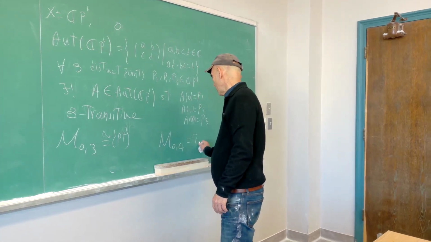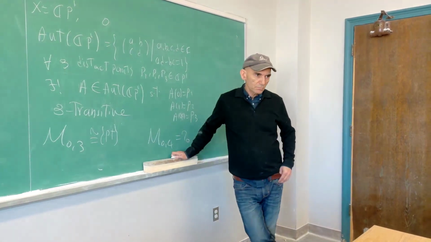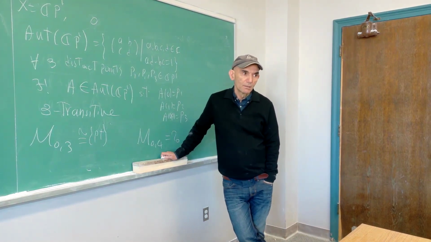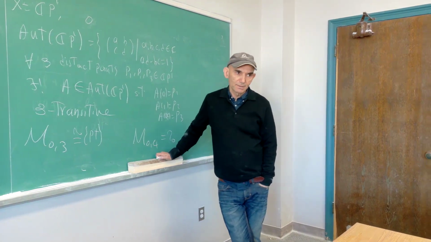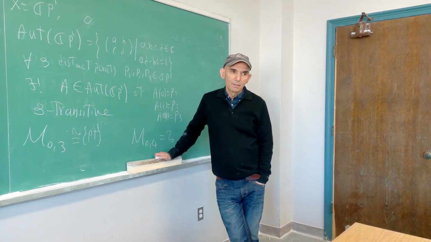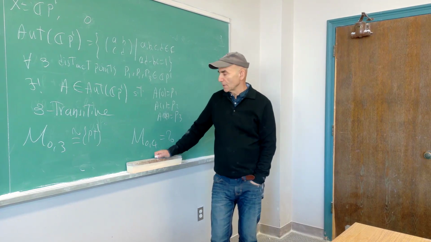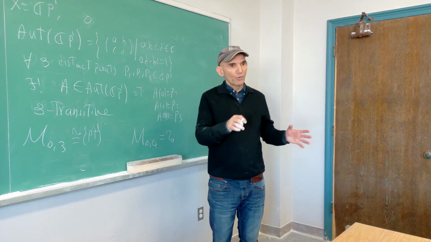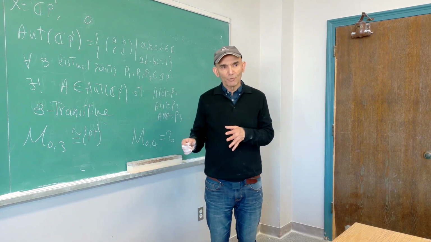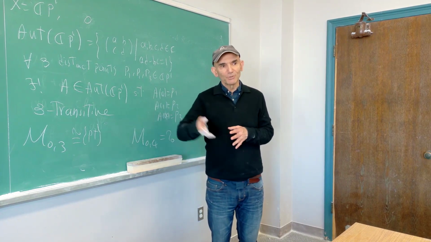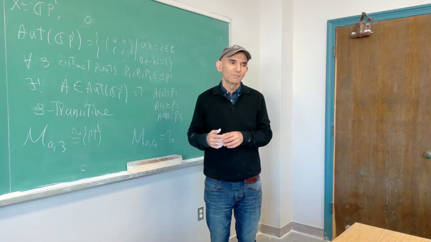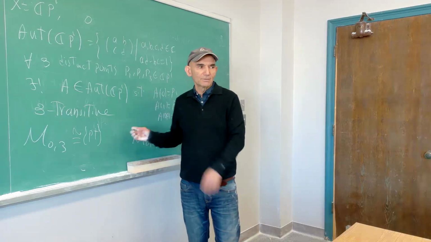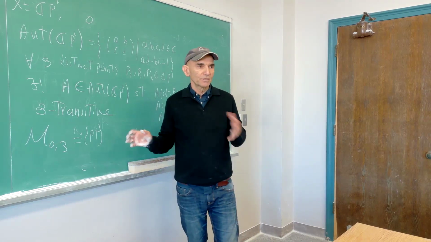M04, what is that now? That's an interesting space, which I let you think about, but this is related to the cross ratio. So we know that 4 points can be mapped to another 4 points if and only if the cross ratio of these 4 points is the same. I won't write it down, but it's related to a lot of nice stories about projective geometry.